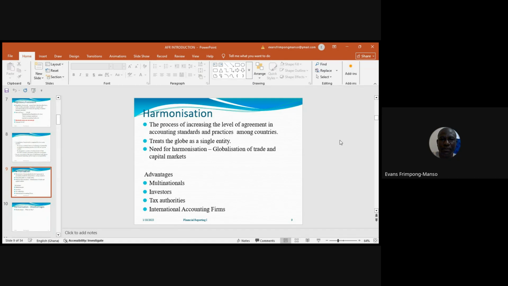One country depends on the other. People can move across countries, and investments can also move across countries. So those people who are going to invest should be assured that the standard in which their financial statements are prepared in their home country will be the same when they send their money outside their country to neighboring countries. So harmonization is the process of increasing the level of agreement in accounting standards and practices among countries.